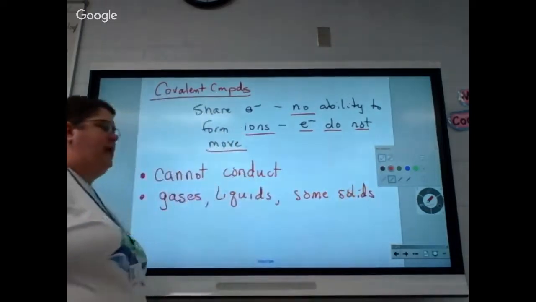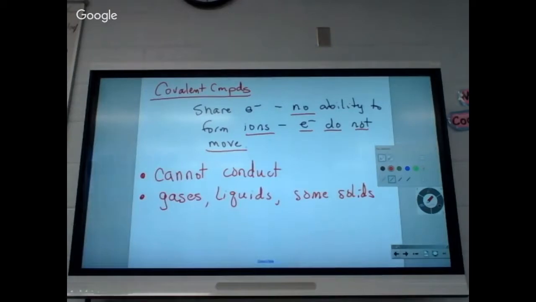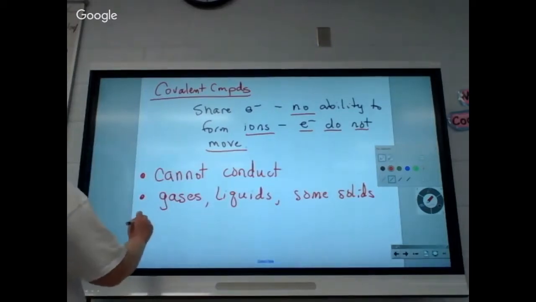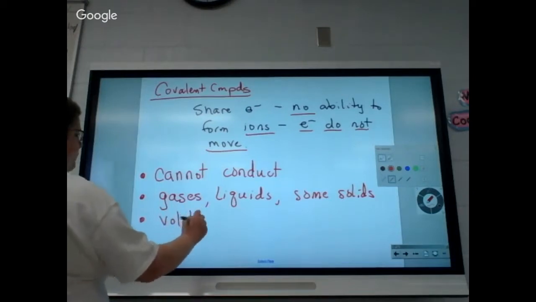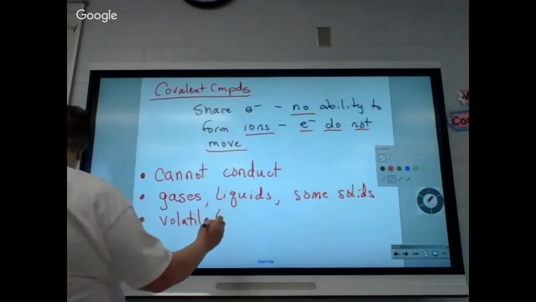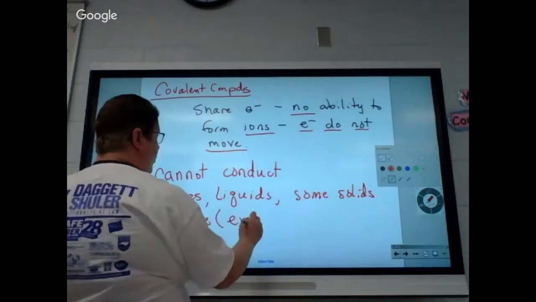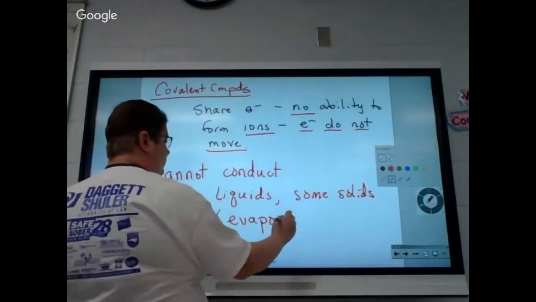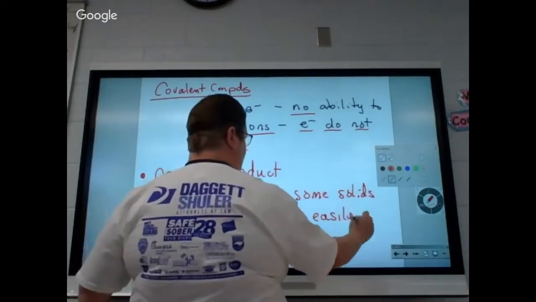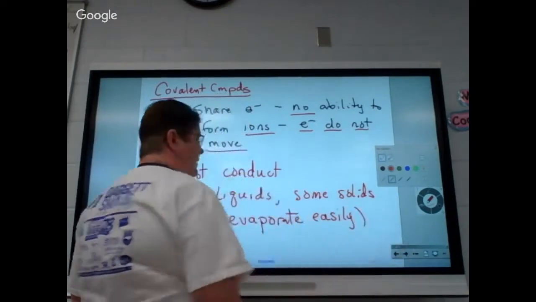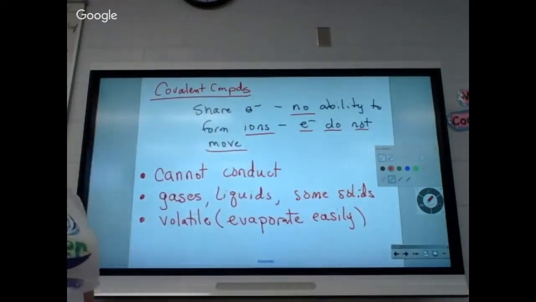All right, now, because they're mostly gases and liquids, they're going to be what we call volatile. These evaporate easily. There will be an occasional solid, but most of your covalent compounds are going to be gases and liquids.